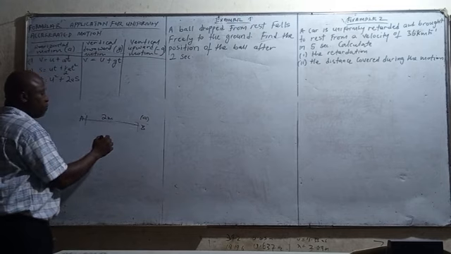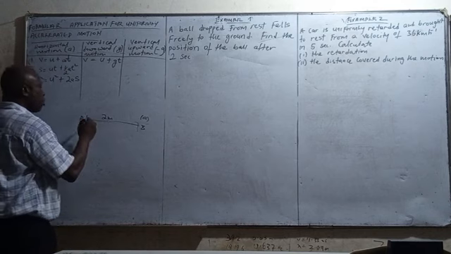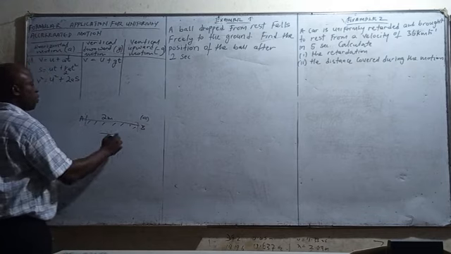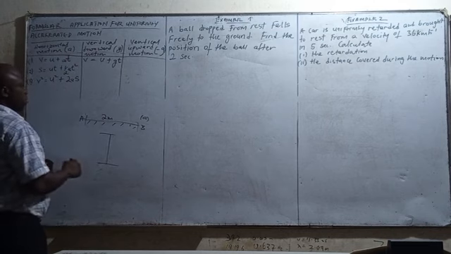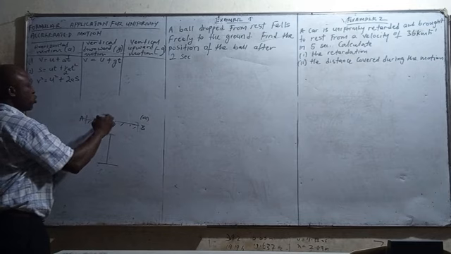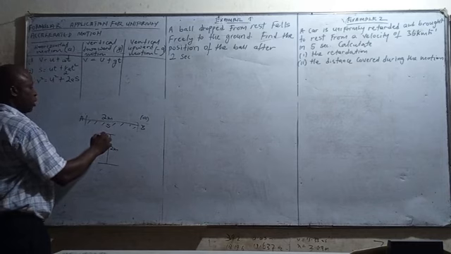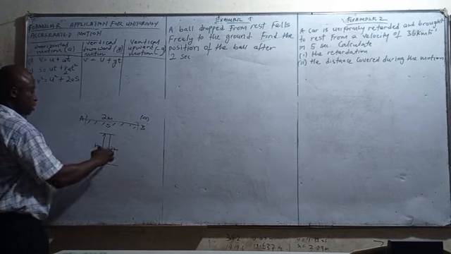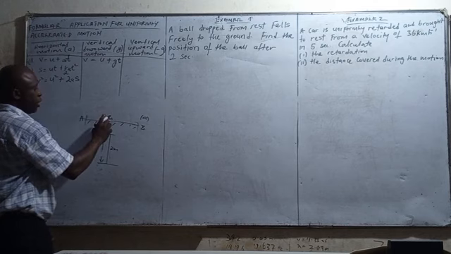But if this same body is moving without touching the ground, moving downward, the same distance of 2 meters, we no longer call it s, we call it h, because it's a vertical distance. When the body was touching the ground, like a car, it was 2 meters.